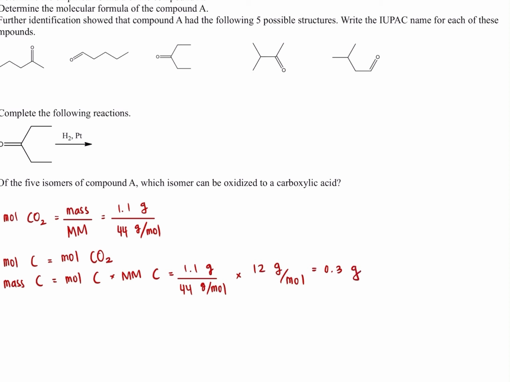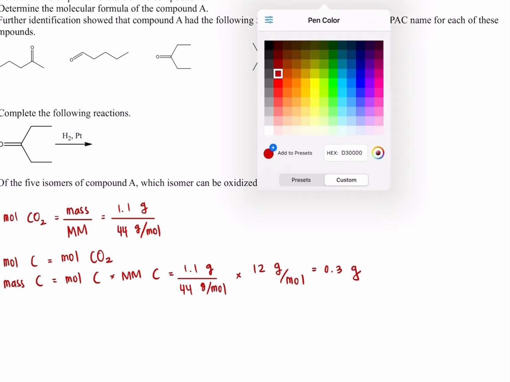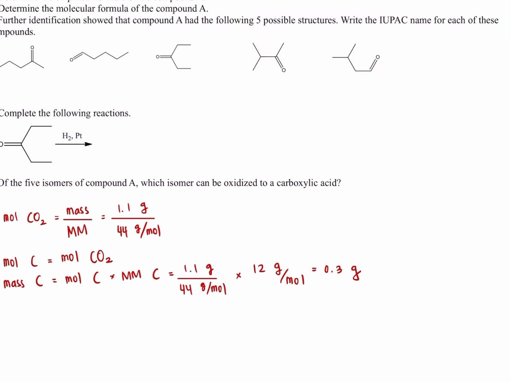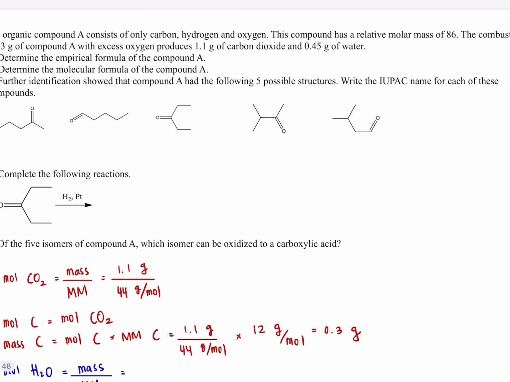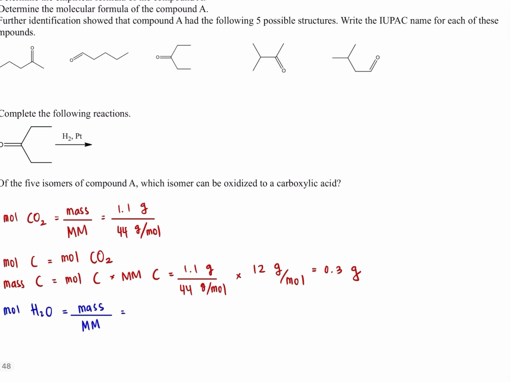Now the next one is we are going to calculate the mass of the hydrogen from the mole of water. So now we have the mole of water, which is calculated as mass divided by the molar mass: 0.45 gram of water divided by the molar mass of water, which is 18 gram per mole.